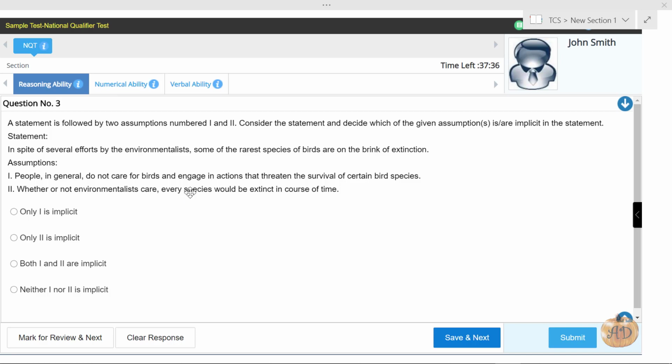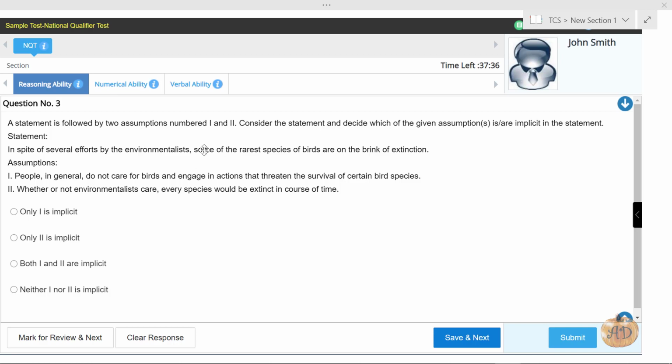Okay, so here basically see the trick part of this assumption. Some of you will think that second assumption is almost correct or it is correct, but it's not actually true, because in the statement it's saying that in spite of several efforts by environmentalists, some of the rarest species of birds are getting extinct, and this second statement is saying that every species would be extinct in course of time.